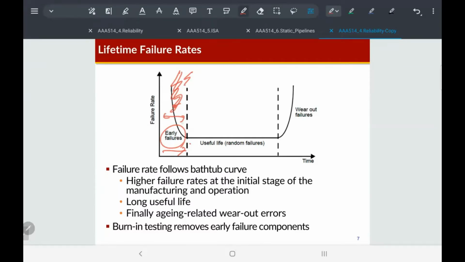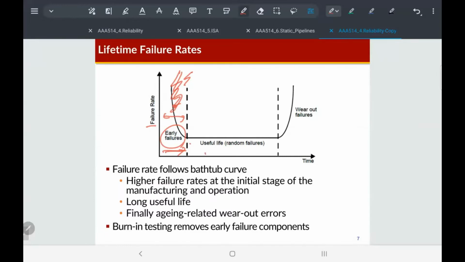This is called early failures. Usually the failure rate is high during this early stage of the processor chip. Then some failures are detected, and the failed chips are thrown away. They are called stone, because silicon is just sand, so it is just stone. It's not working properly.